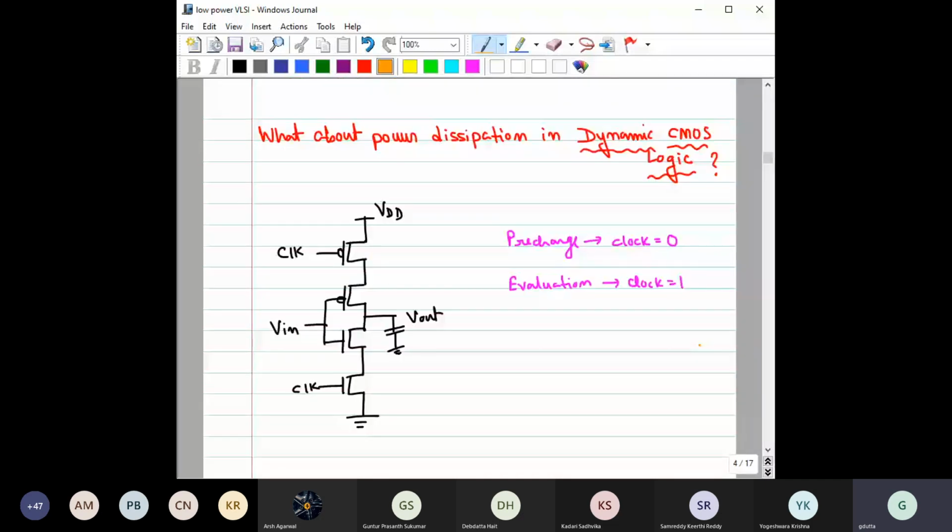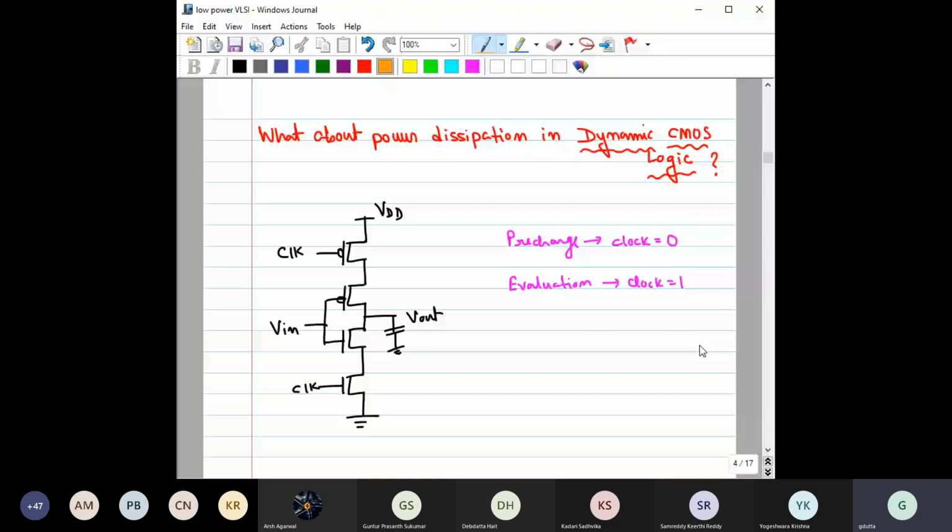Okay, this is a brief review of yesterday's class. If you have understood the class up to this much, then please tell me or comment on what will be the power dissipation in dynamic CMOS logic. We have already discussed dynamic CMOS logic to quite a great extent, right?